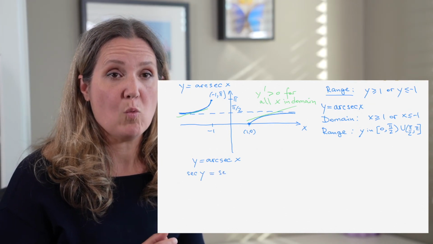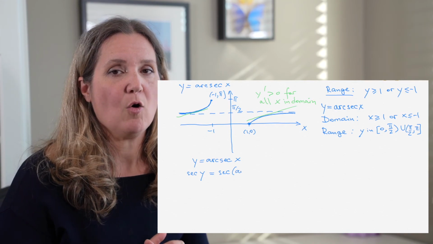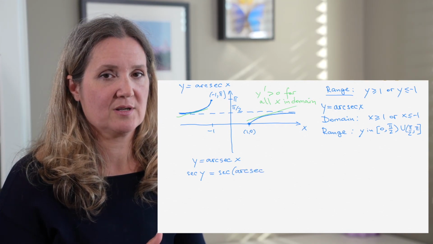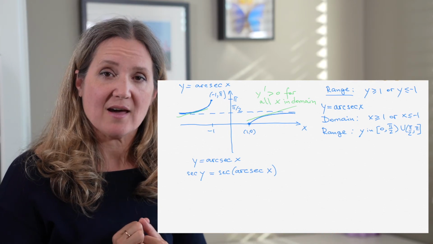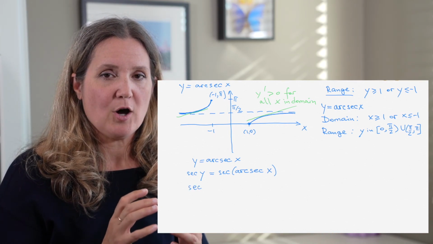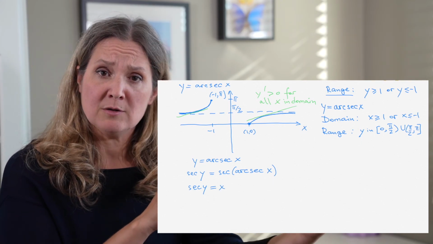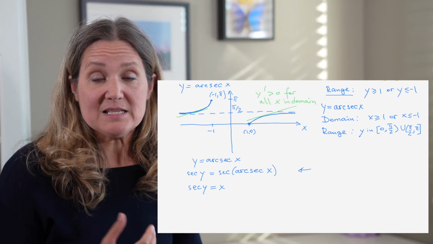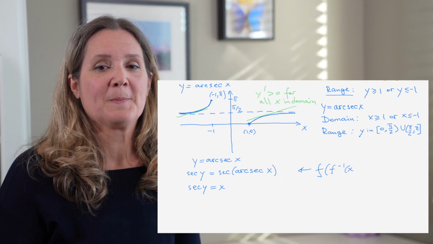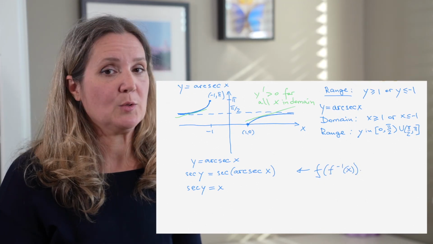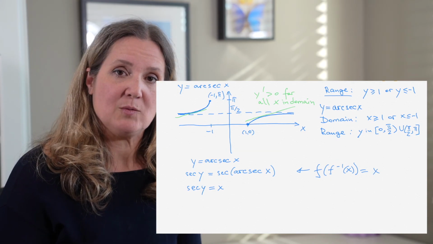We'll get secant of y equals secant of arcsecant of x. Secant of arcsecant of x is just x, because f of f inverse of x is equal to x. That's how inverse functions are defined. Therefore, now we have new much simpler equation, secant of y equals x.